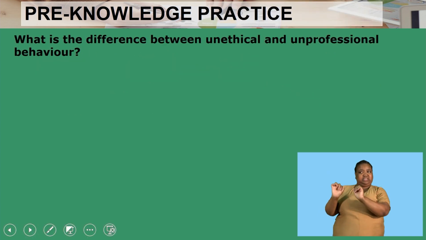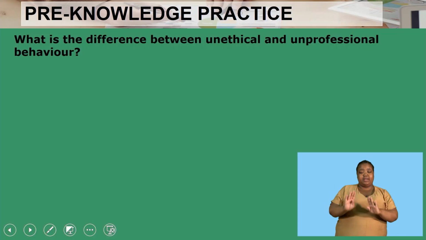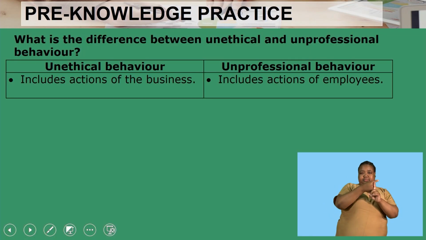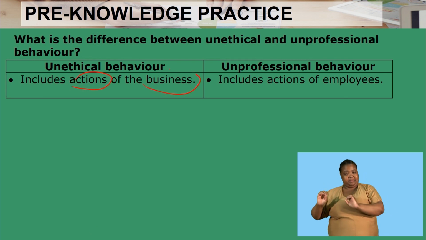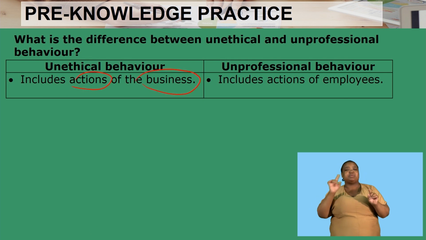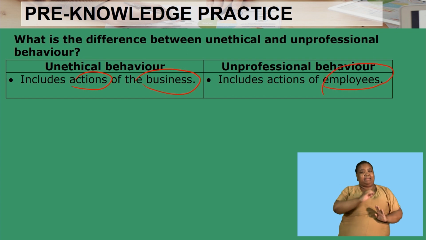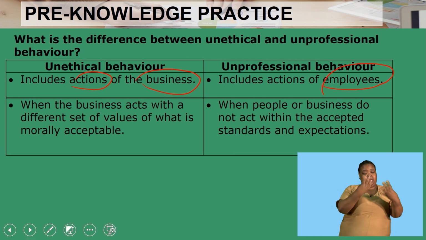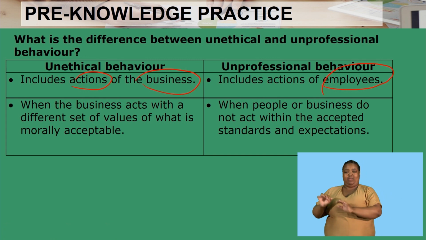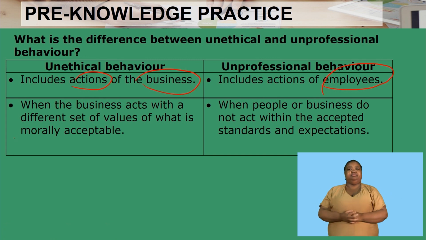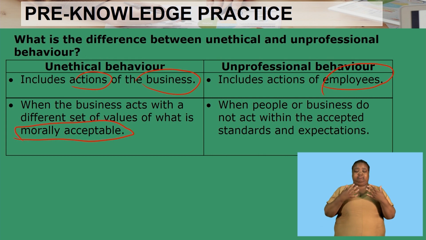Moving right along, let's see if you understood what I just said. What is the difference between unethical and unprofessional behavior? Unethical behavior includes actions of the business, but unprofessional behavior includes actions of the employees. Unethical behavior is when the business acts with a different set of values of what is morally acceptable.